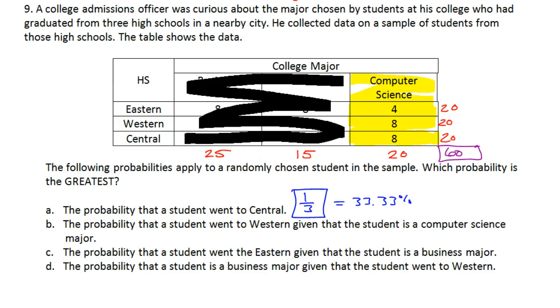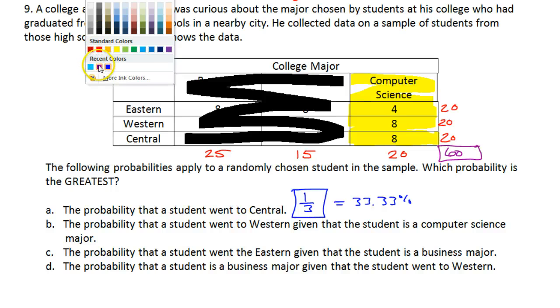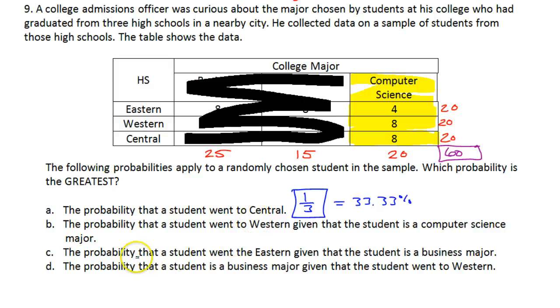So now I go back and ask myself again, what am I being asked? The probability that a student went to Western. Western is this middle number, so that's 8 out of something. What's the total? In this new smaller universe, the total is 20.